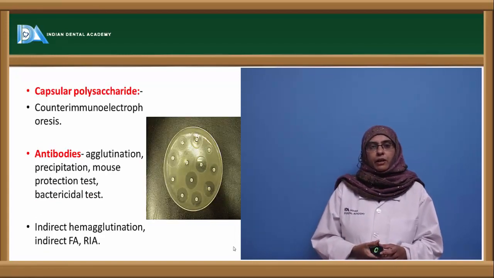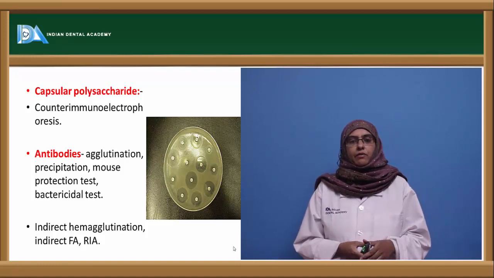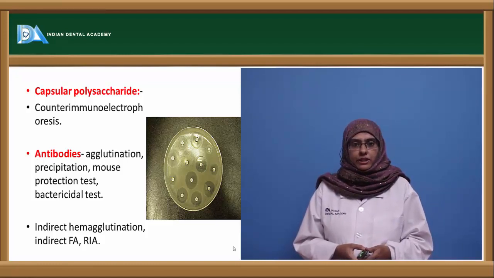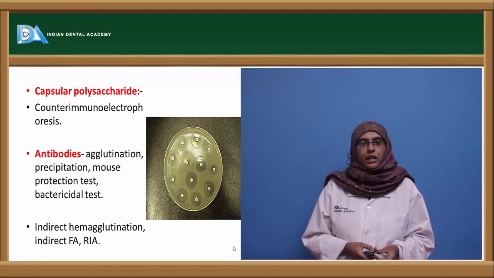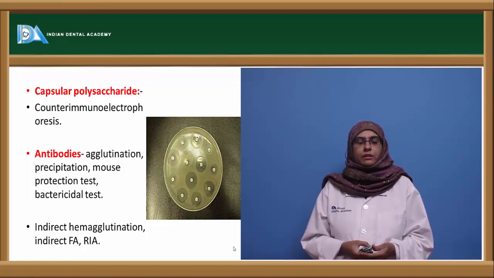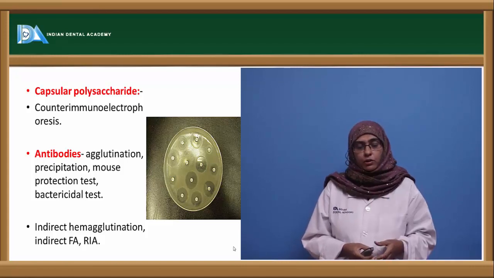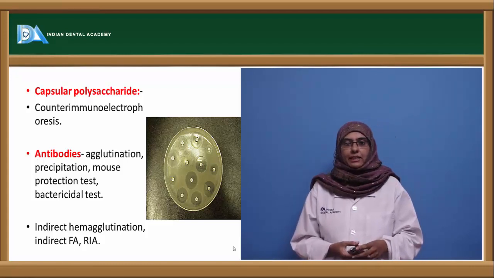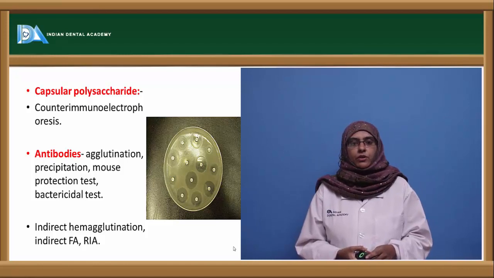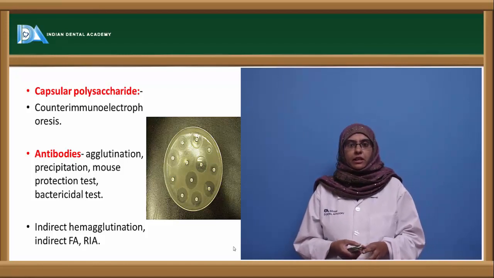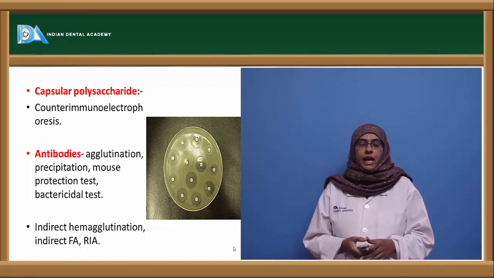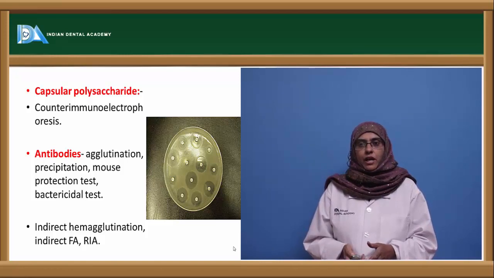Next is the capsular polysaccharide, which can be identified with the help of counter immunoelectrophoresis, and the antibodies against the other components of the organism can be identified via agglutination, precipitation, and you can go for the mouse protection test or bactericidal test. Apart from that, you can go with indirect hemagglutination, indirect fluorescent antibody technique, and radioimmunoassay.